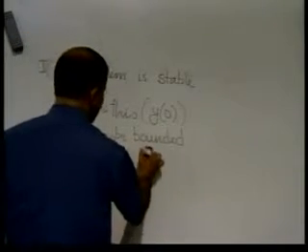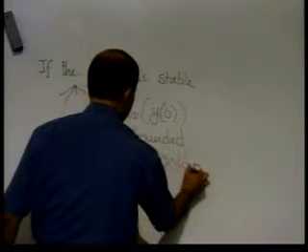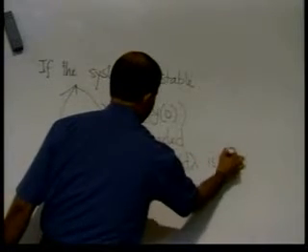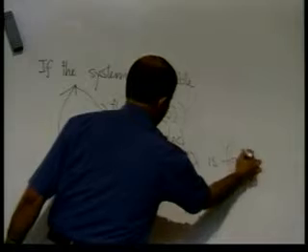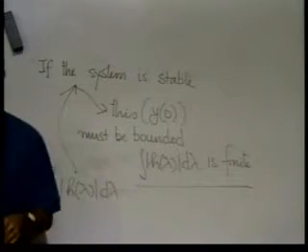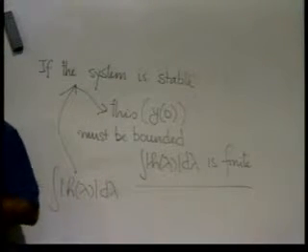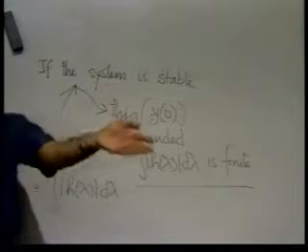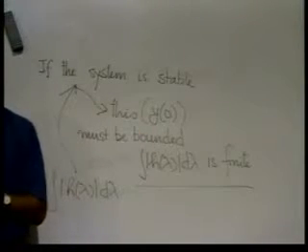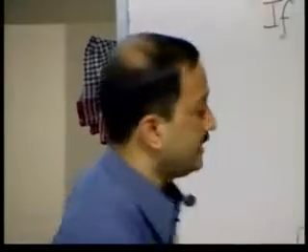That means the integral of mod h λ dλ is finite. And therefore it proves the necessity of the condition as well. So we have now proved a very important theorem in the context of LSI systems. Let us state the theorem formally.